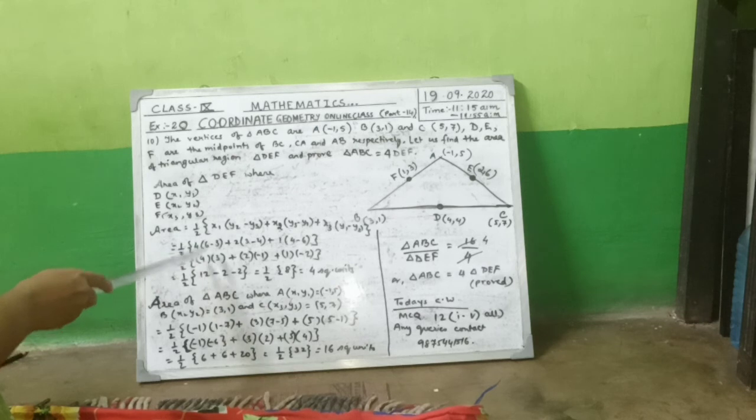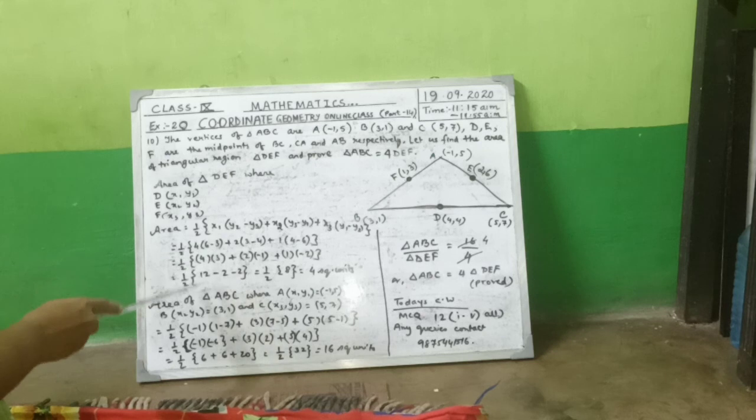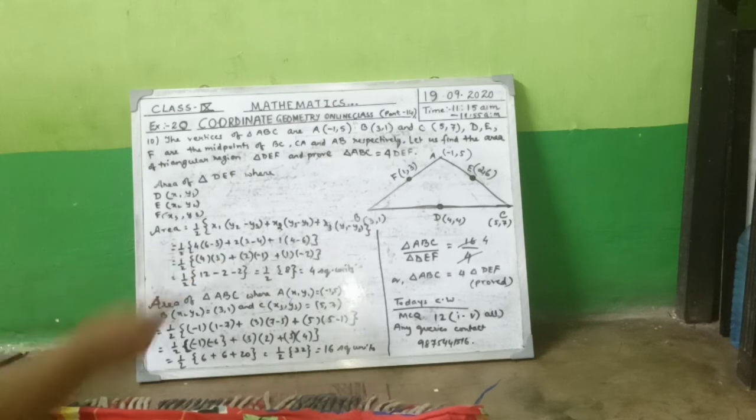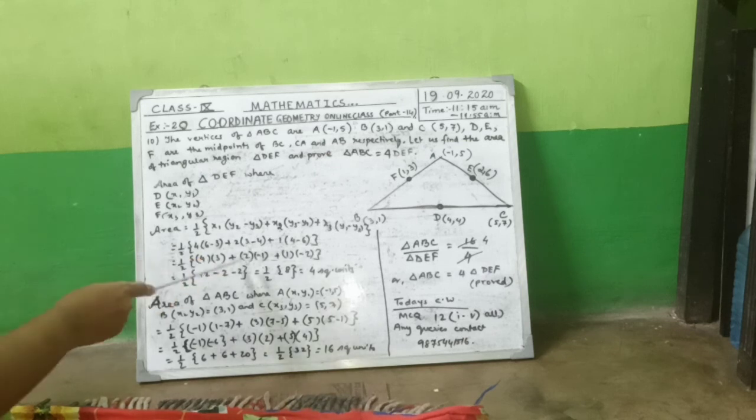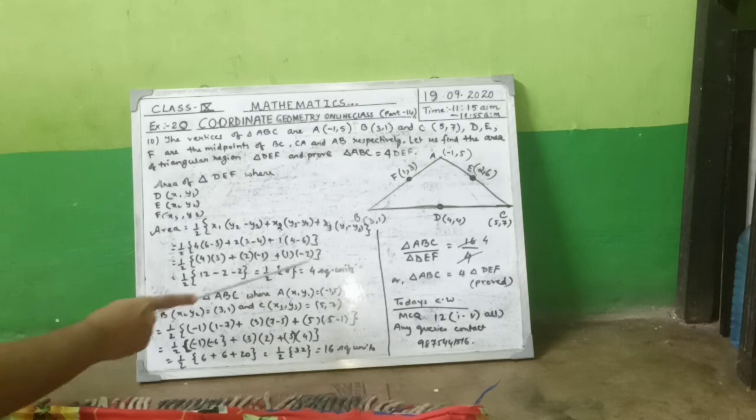Half, 4 into 6 minus 3 is 3, 4 3s are 12. 3 minus 4 is equal to -1, 2 into -1 is -2. 4 minus 6 is equal to -2, 1 into -2 is -2. So half into 12 minus 2 minus 2 makes minus 4. So 12 minus 4 is 8. Cancel, you will get 4 square units.